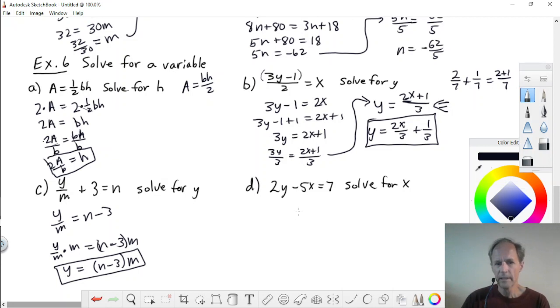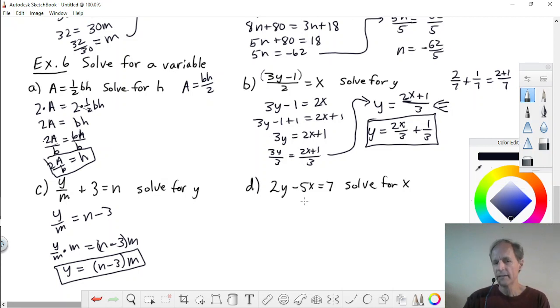Okay. Next one says solve for x. Get the x by itself. We have something else with the x over here on the left. Again, you can't get rid of the 5 yet. You could, but it would be really awkward. You'd have to divide the entire side by 5. So we're going to end up dividing by actually -5, but we will do that when the only thing sitting there is the -5x.